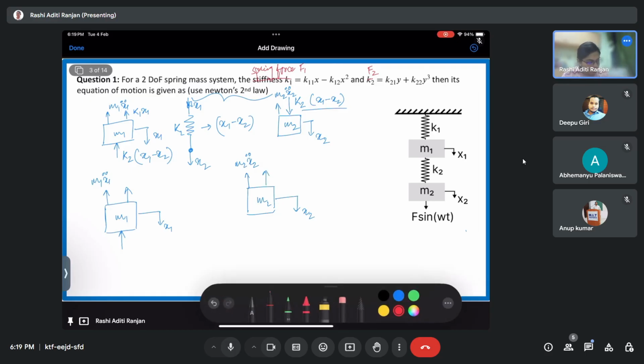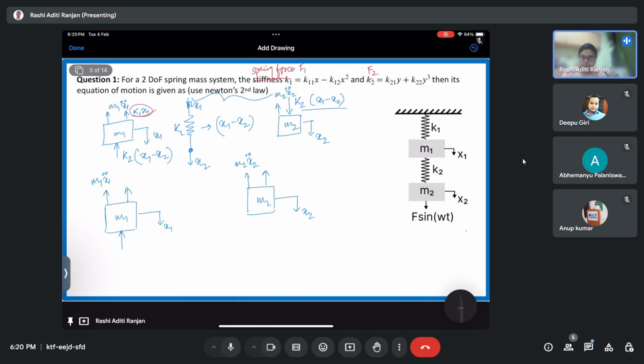Now see, I will replace this k1 x1 with k11 x1 minus k12 x1 square. Okay. And this force I'm going to replace with k21 x1 minus x2 plus k22 x1 minus x2 whole cube.